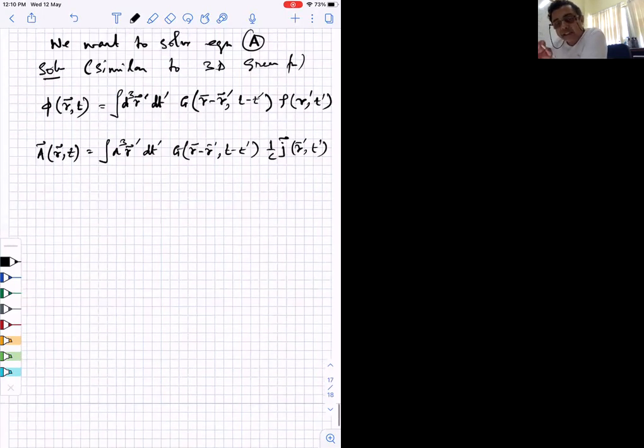Just like the 3-dimensional Green's function was for a delta function point charge in space, now it will be a point charge in space and time.